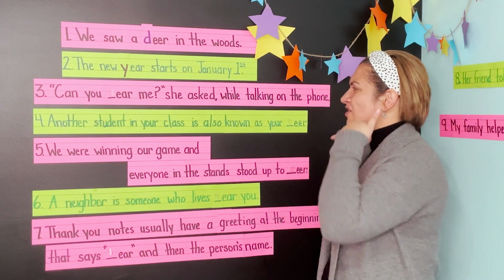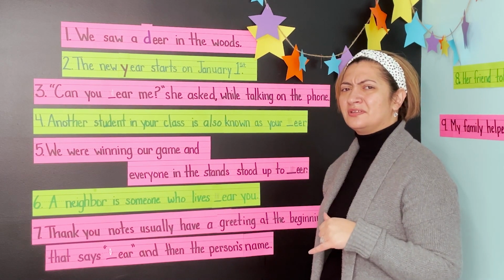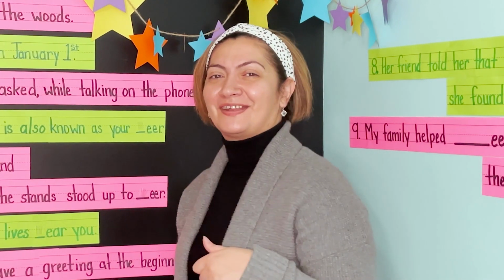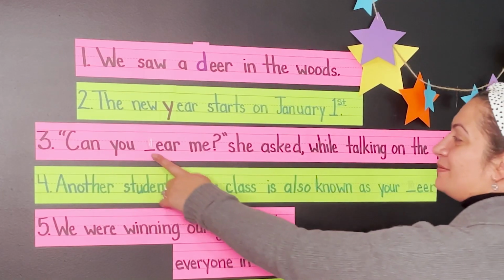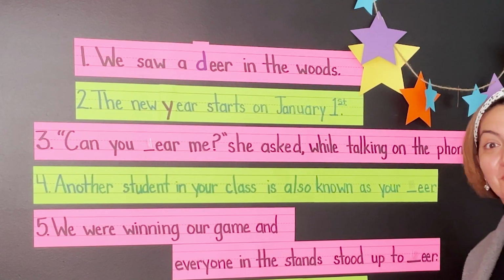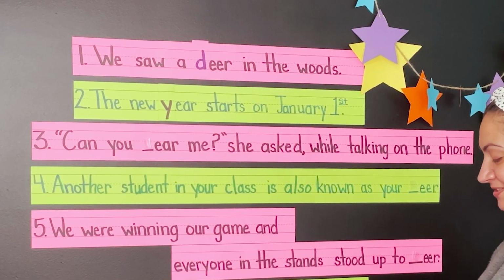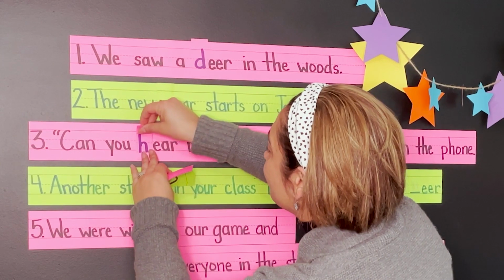What might you say if you're on the phone talking? Can you hear? Nice job. Can you hear me? Right? Sometimes we don't have great connection. What sound are we missing here to make the word hear? The h sound. Nice job. Can you hear me?